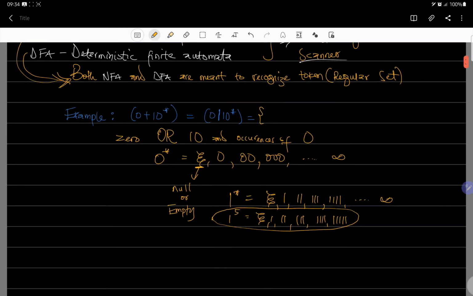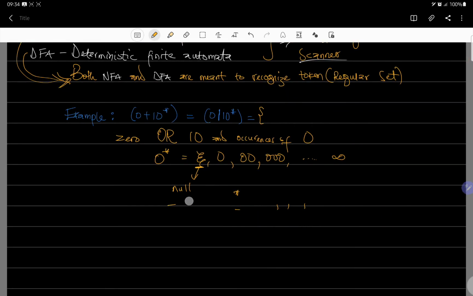All right. So let's continue. So based on this simple understanding of what 0 asterisk means, we'll use that to write out what the member set of this can be. All right. So we have the very first occurrences. We say 0 or 1 and occurrences of 0.